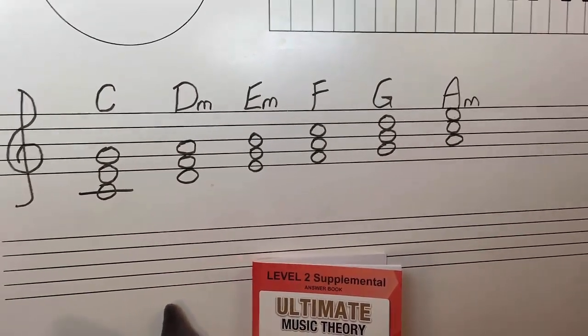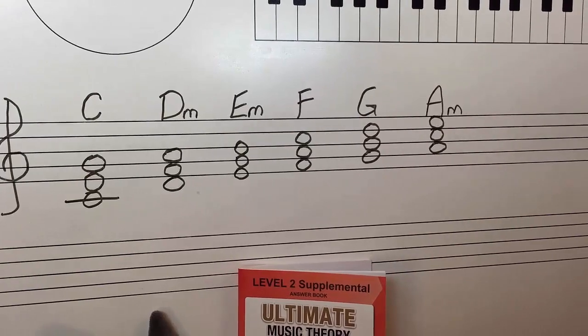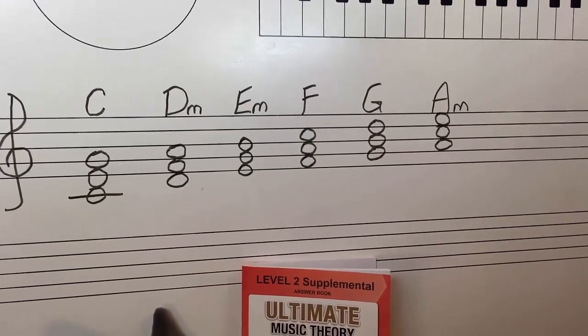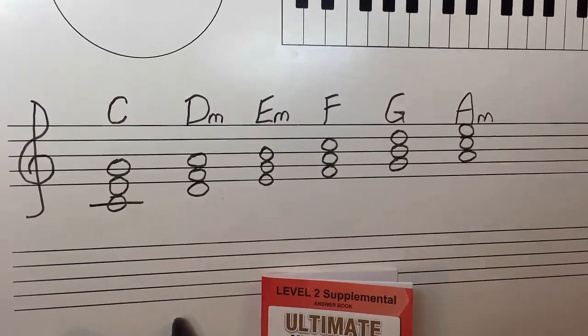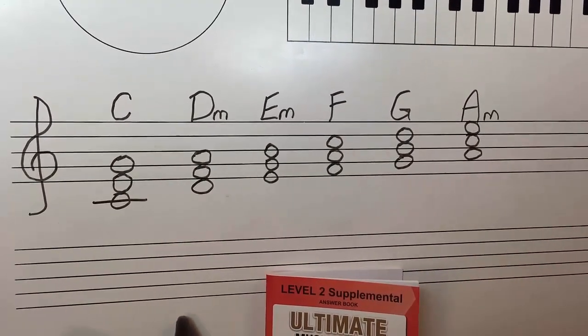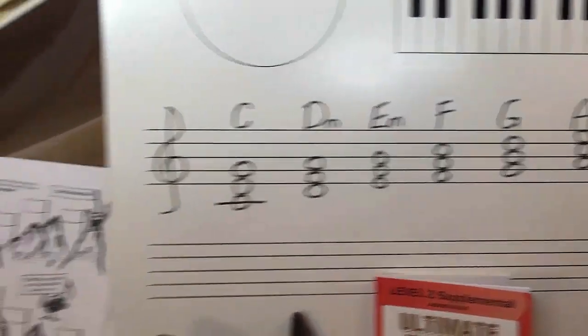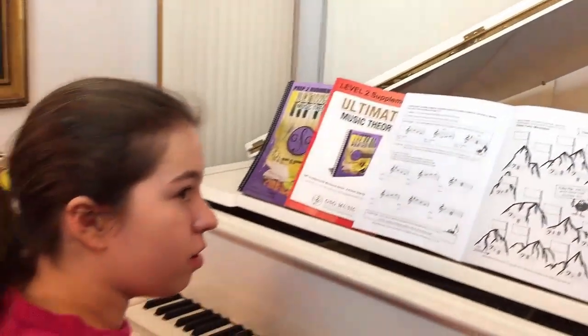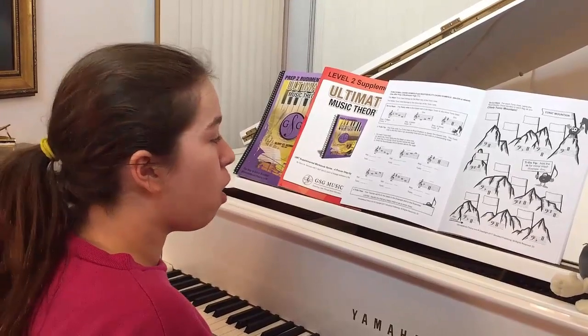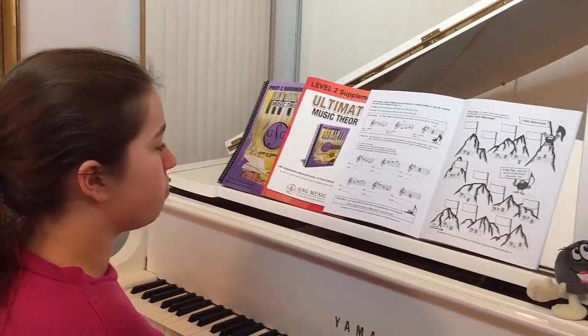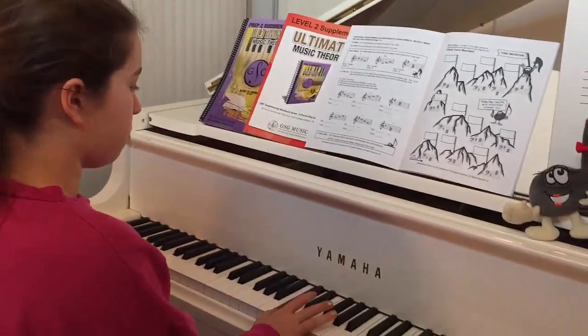Excellent. And what is that called when we write C and DM? That's called the root position. Yes, root position, and it's called the root quality chord symbol. So root means the? Quality symbol. Okay, and so the root would be the bottom note. So play me the root of C chord.